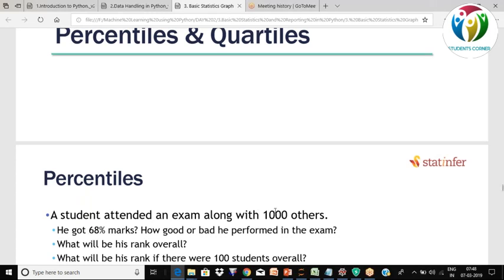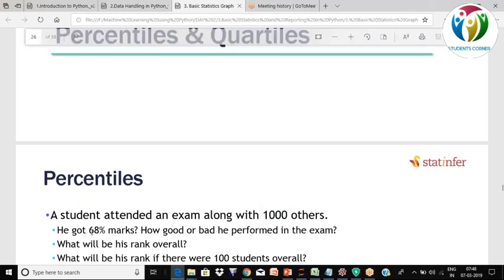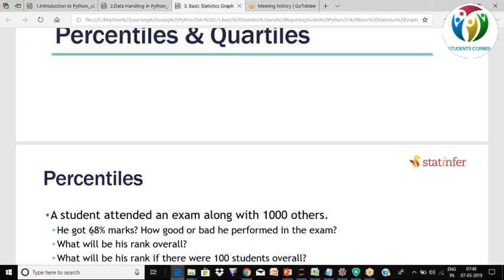What do you think? Out of 1,000 people, he's the only one who scored 68% marks. Yes. So he scored better compared to those 1,000 people, right?